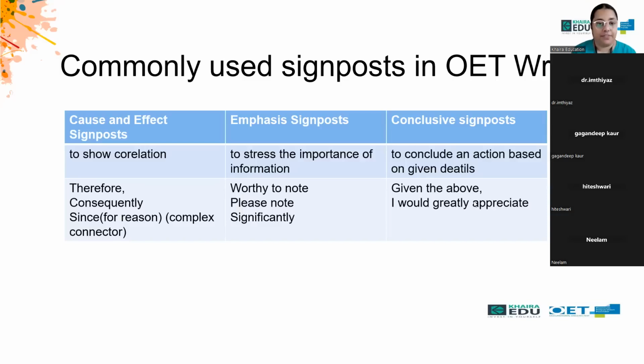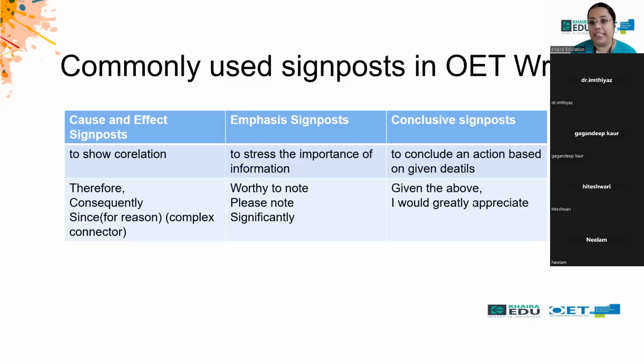Examples are therefore, consequently, since. Since is used for reason. We already saw that since then was used as a signpost for sequential ideas. Since, in particular, when you're using it for reason, is also used in order to show cause and effect. Let's look at an example using since.